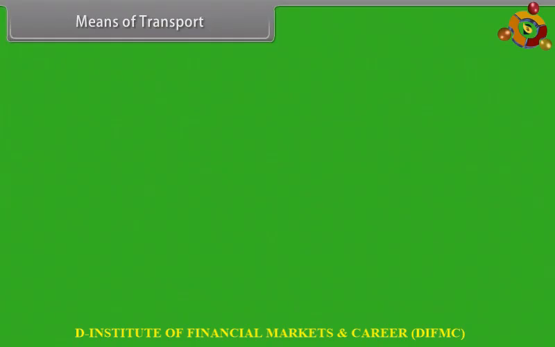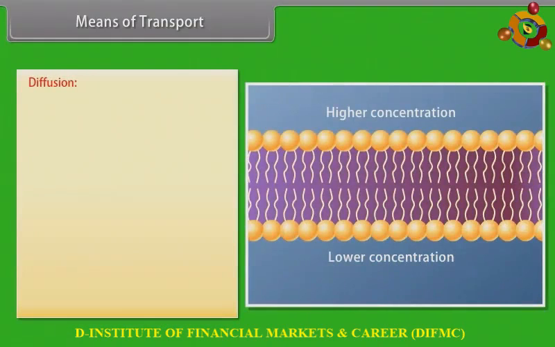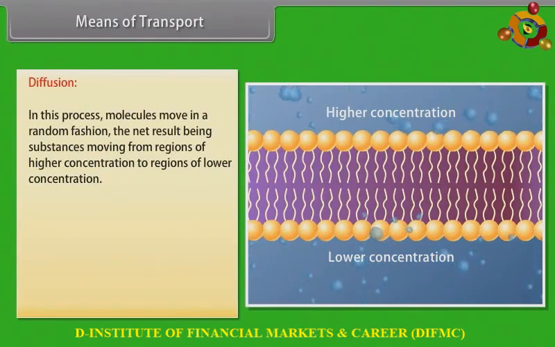Means of transport. Let us start with diffusion process. Diffusion is a slow process and is not dependent on a living system. In diffusion, molecules move in a random fashion, the net result being substances moving from regions of higher concentration to regions of lower concentration.